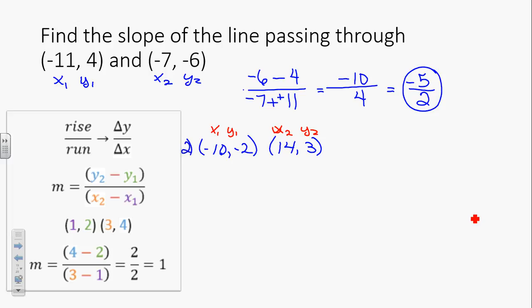Second y minus first y: 3 minus a negative 2. Second x minus first x: 14 minus a negative 10. So we'll have a positive 24 on the bottom and a positive 5, right? Can we reduce it? Nope, we're done.